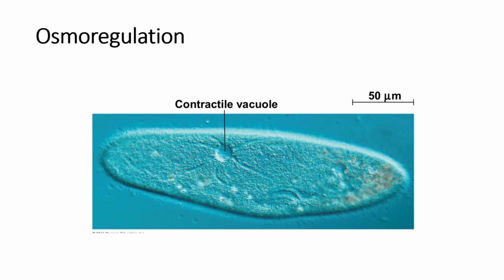So again, when you look at this protist, this is a paramecium. It's hypertonic to its pond environment, and it's got these vacuoles that act as pumps that help push that water in or push it out. In this case, it's going to help push out that water efficiently and effectively so it can survive. So again, this is an adaptation that's built in.